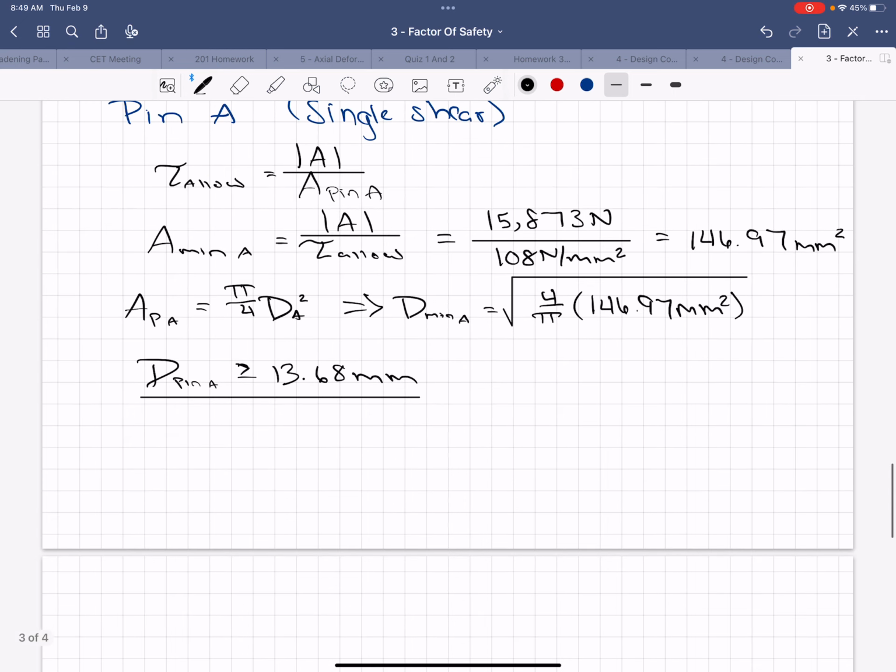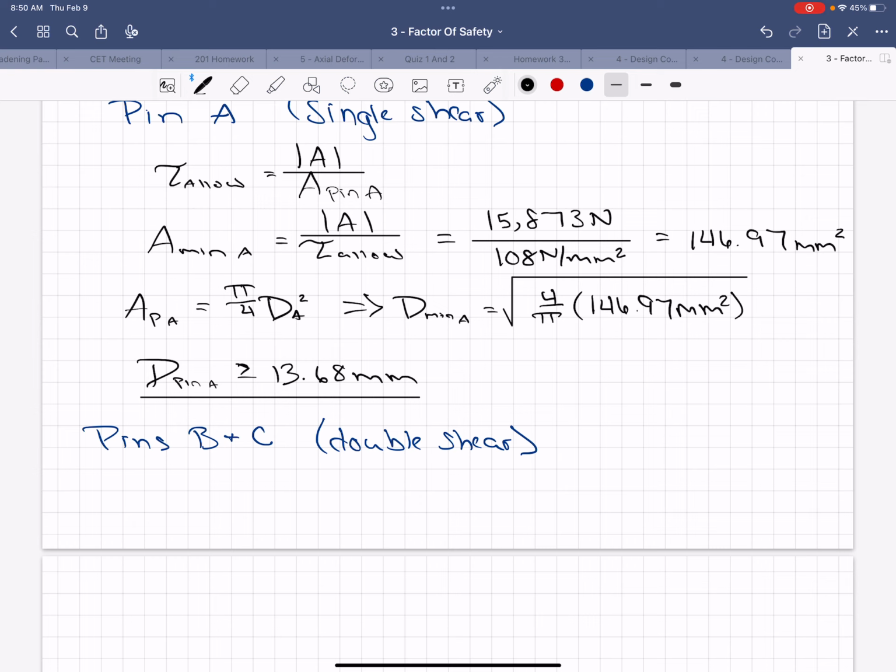So, pins B and C, which are both in double shear, and both have the force F1 acting on them. So, since they're in double shear, we're going to divide that F1 by 2 to account for double shear.